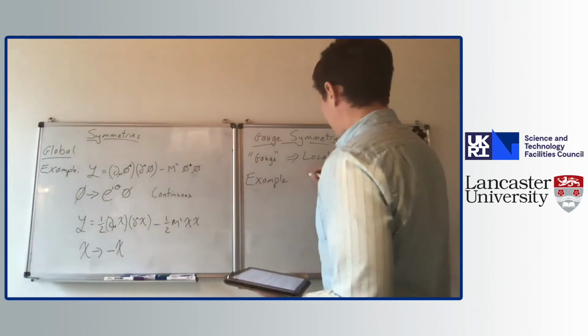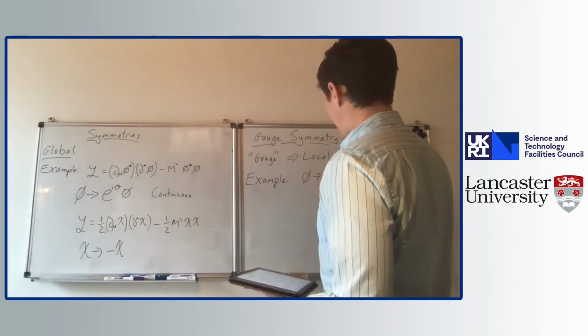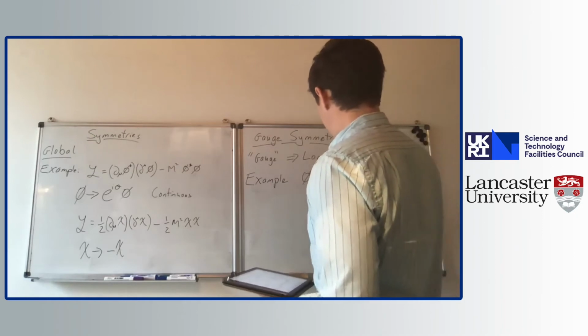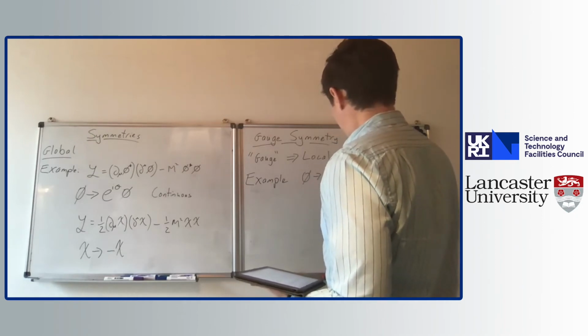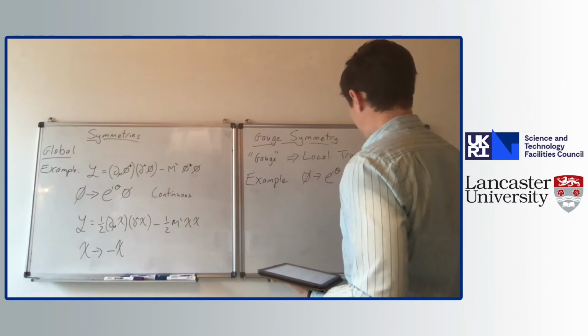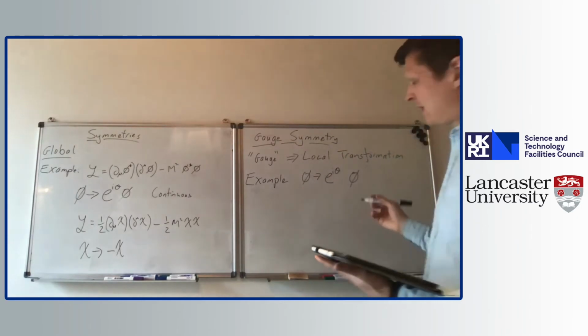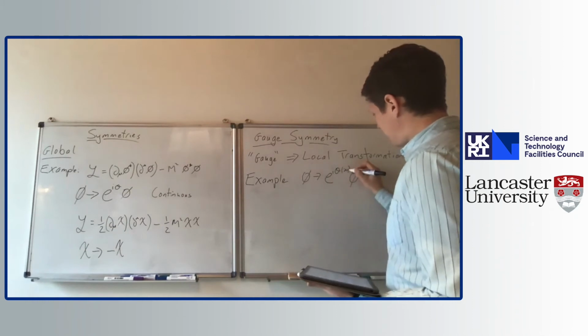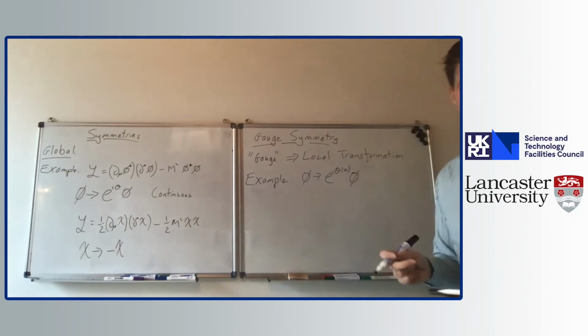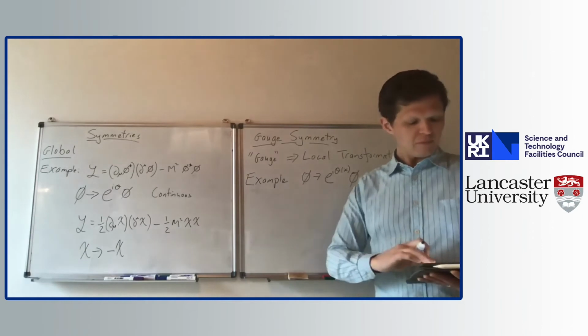So now phi would go to e to the i theta multiplying phi, where phi is a field, so it's a function of space-time coordinates. But now theta actually depends on the space-time coordinates itself.